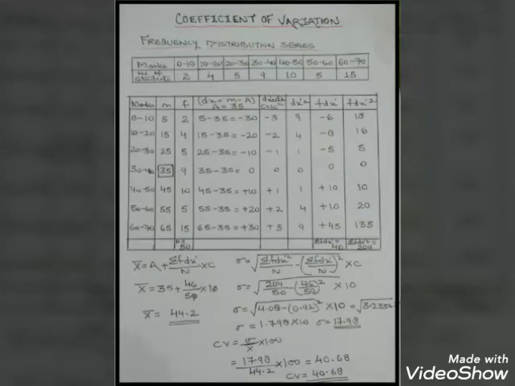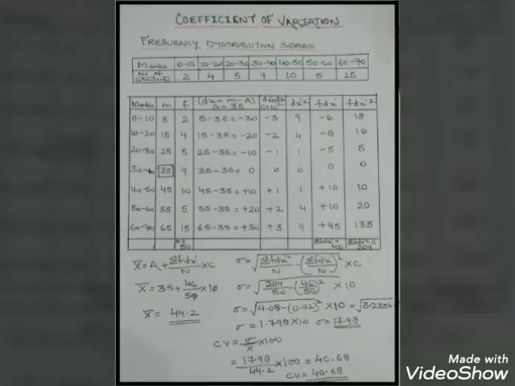So sigma f dx square is 204, n is 50, minus 46 upon 50 squared, into 10, because your c is 10. When you calculate it, you get standard deviation as square root of 4.08 minus, in bracket, 0.92 squared, into 10. And when you calculate it, you get square root of 3.2336 into 10.